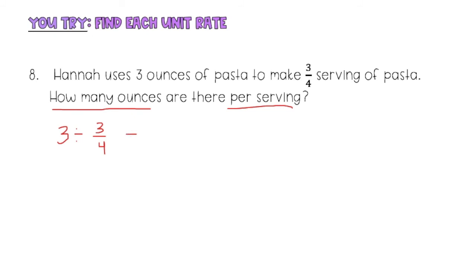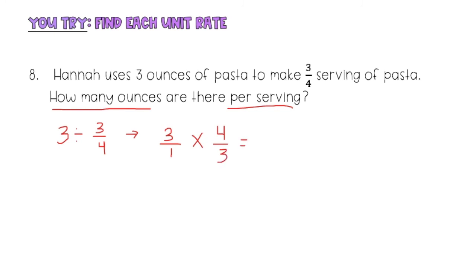I'm going to use keep, change, flip. So 3 is going to remain the same. I can write it as a fraction over 1 because a whole number over 1 doesn't change. I'm going to use multiplication, and then the reciprocal of 3/4, which is 4/3.